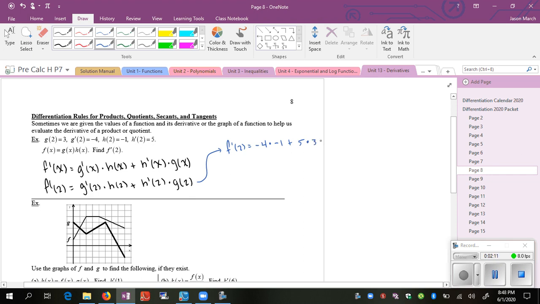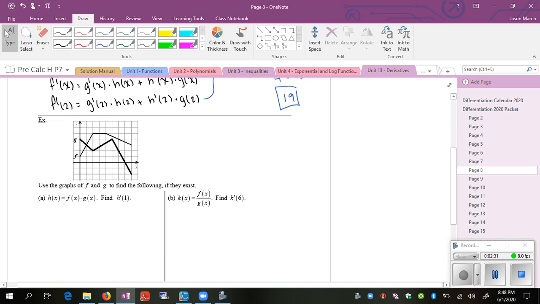And now it's just simple arithmetic, right? Two negatives make a positive, and 5 times 3 is 15, so we get a final answer here of 19. F prime of 2 is equal to 19.